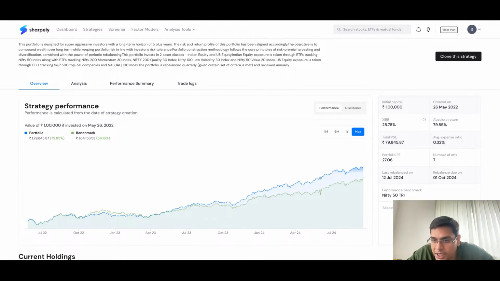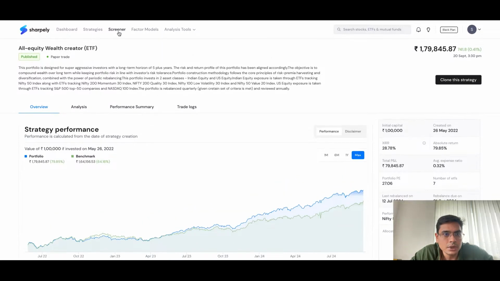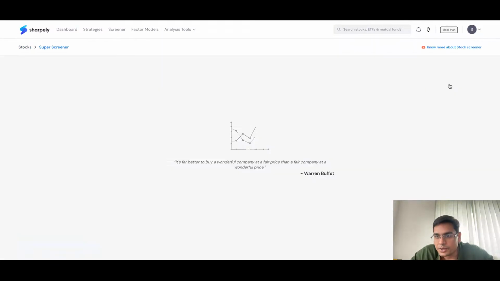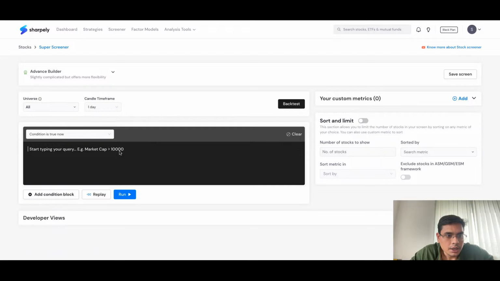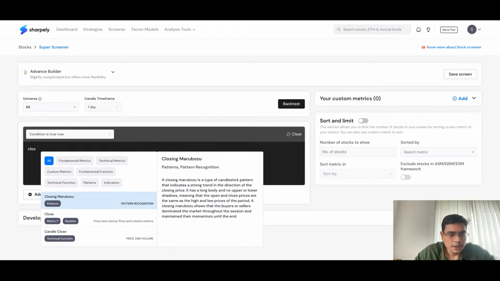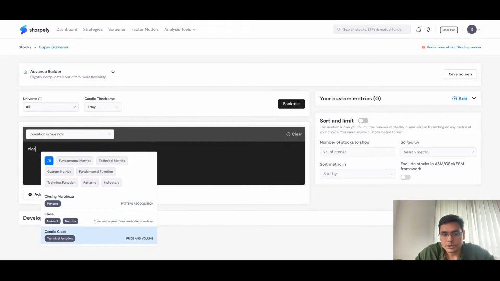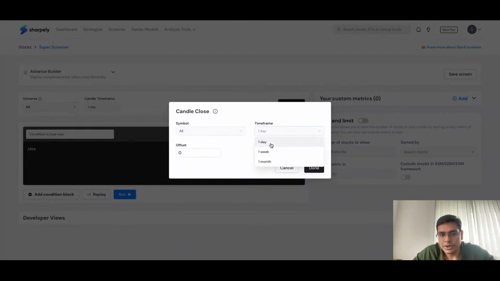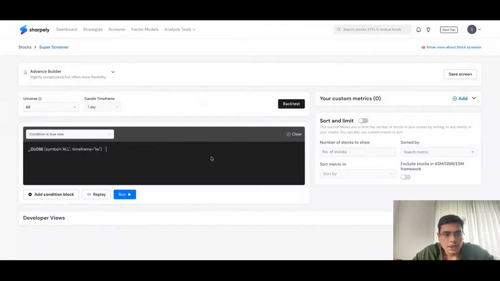But you can have a weekly close in screener as well by switching time frames, right? I'll just show it to you. I don't know if this is what you mean, but you can use a candle close function on a weekly time frame, which will give you weekly close.